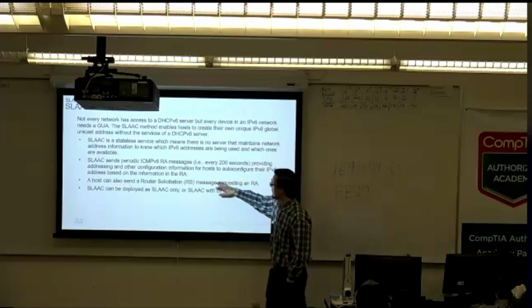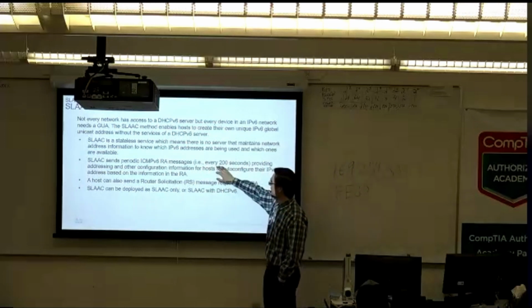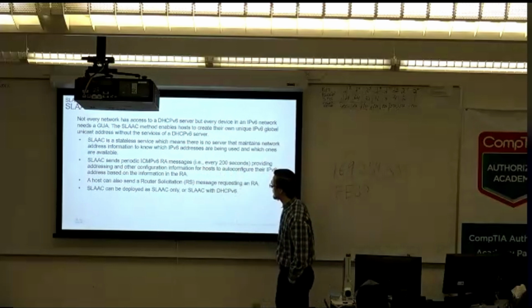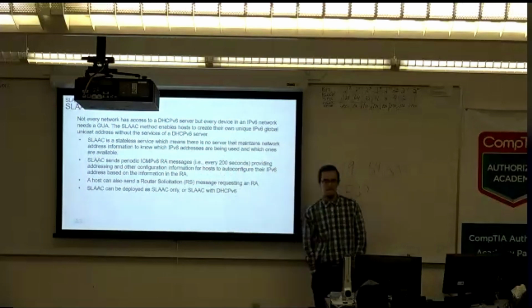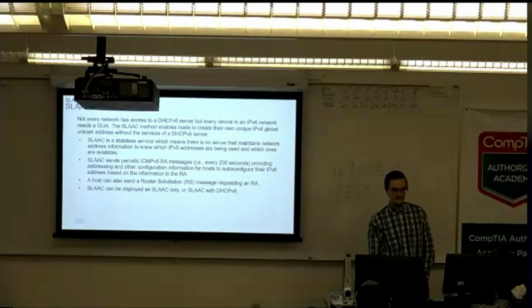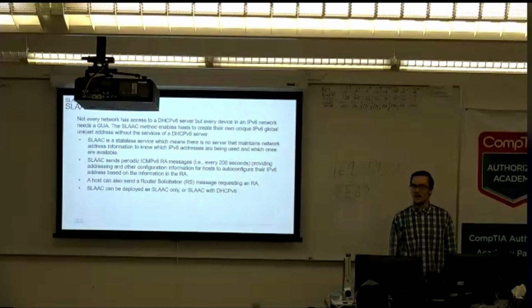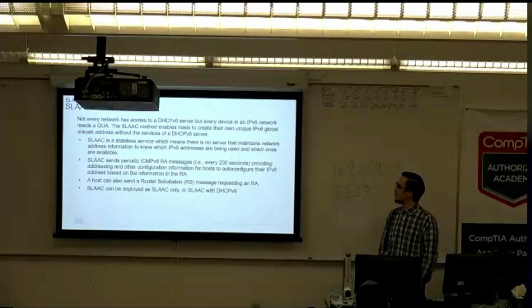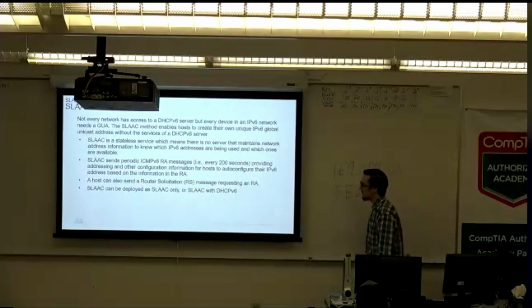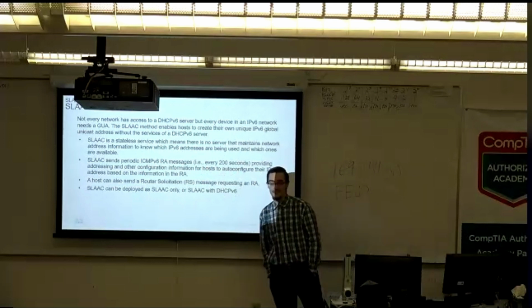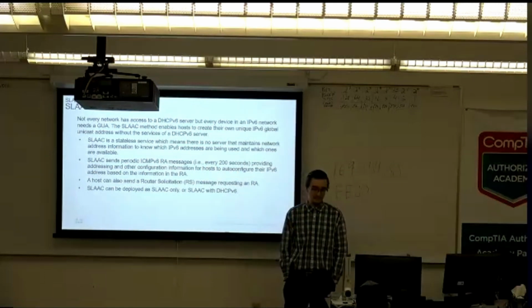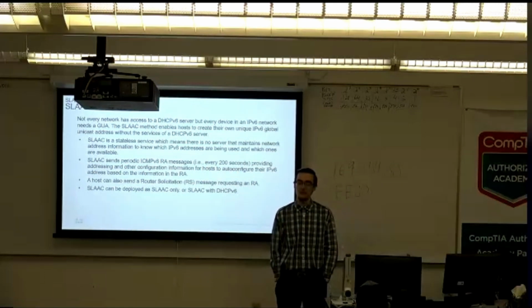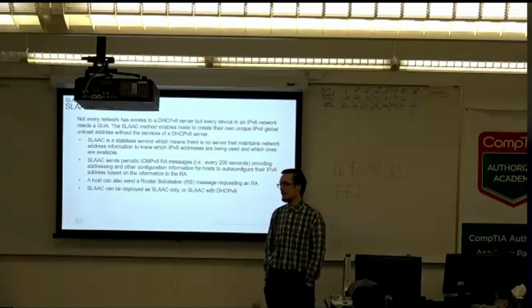So the router is going to be sending these RAs every 200 seconds. How many minutes is that? You don't have to be exact, just give me a ballpark. Yeah, almost 3.5 minutes. 3 minutes and 20 seconds. Do you want to wait 3 minutes and 20 seconds for your computer to access the internet? No, so that's why that router solicitation is there.